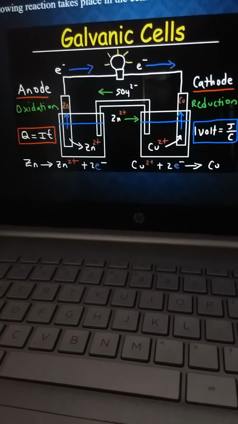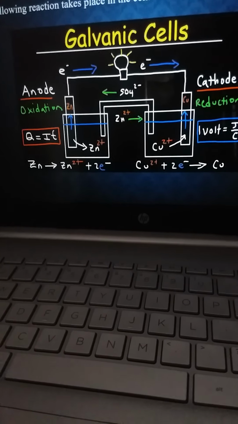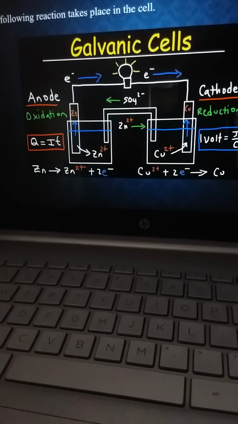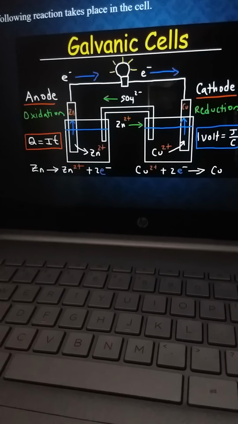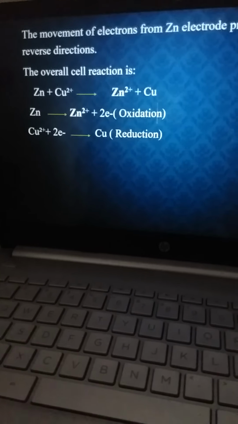The anode reaction: Zn undergoes oxidation and loses 2 electrons, so Zn gives Zn2+ plus 2 electrons. In the cathode compartment, copper gains 2 electrons and becomes Cu, so Cu2+ plus 2 electrons gives Cu. This is about the galvanic cell.